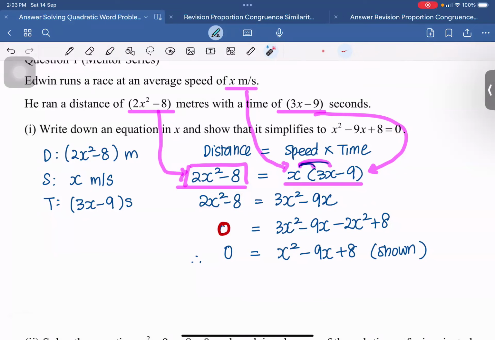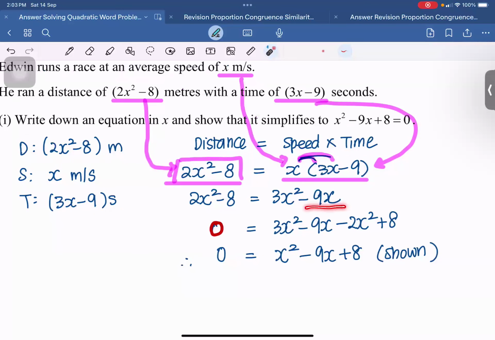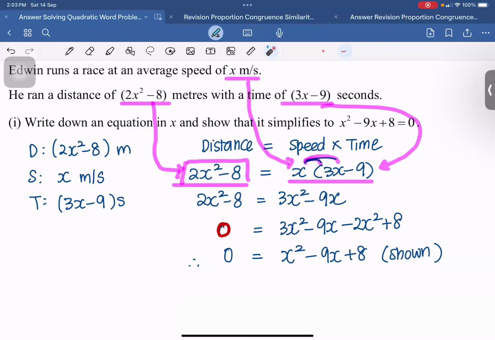Because 3x squared minus 2x squared gives me a positive x squared, and I try to keep my x squared positive. Then the 9x is over here, and negative 8 brought over becomes plus 8. So from here, we show that this is the equation.